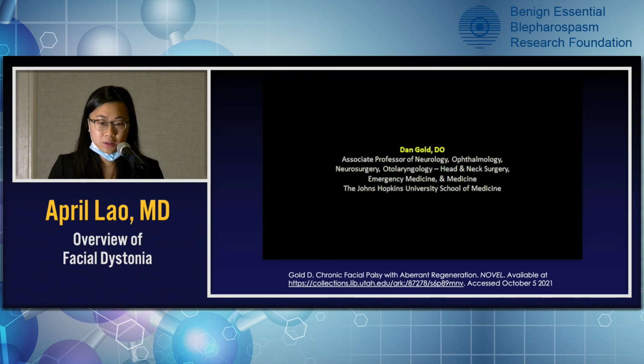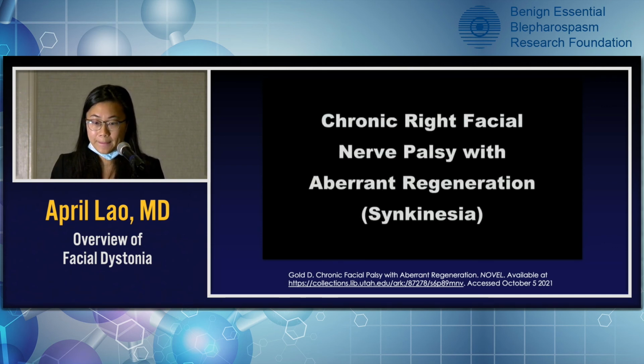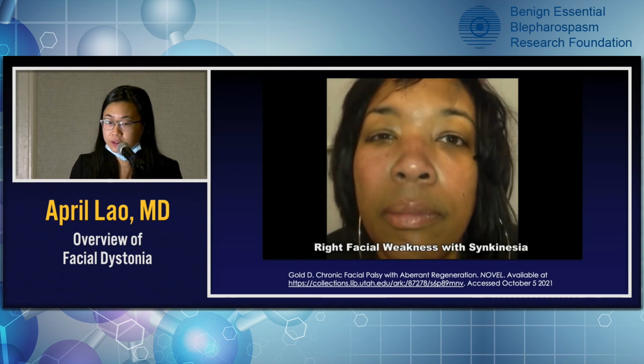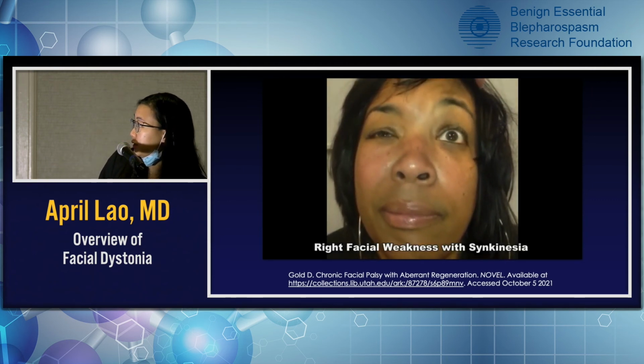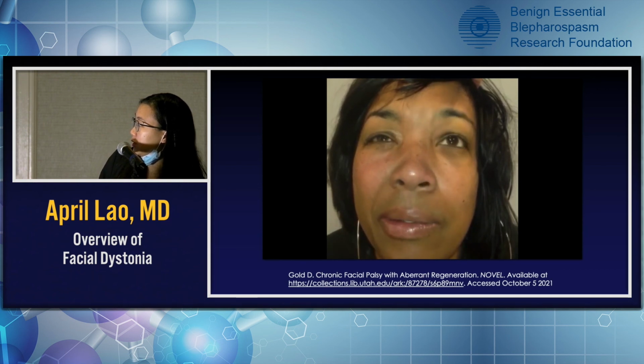And we have a great example here from Dr. Gold. So her right side is the affected side here. So here she's doing voluntary eye movements, and then you'll see occasional mouth contractions down here that are involuntary.